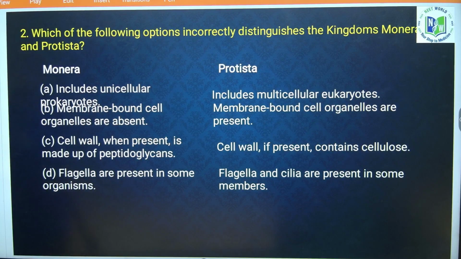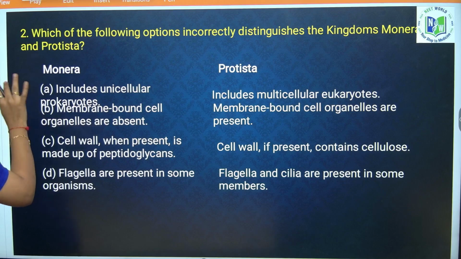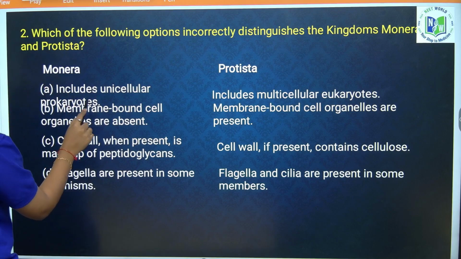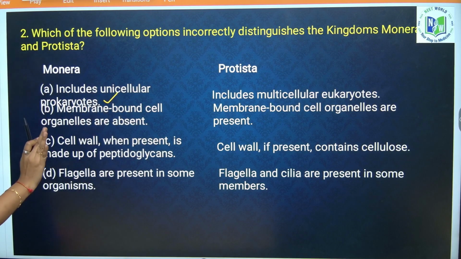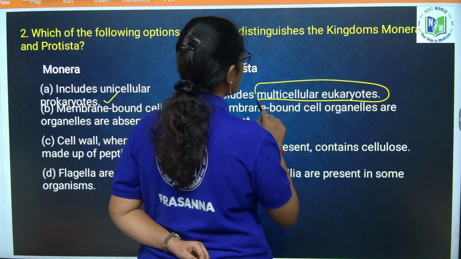Which of the following incorrectly distinguishes the kingdom Monera and Protista? Monera includes unicellular prokaryotes, correct. Protista includes multicellular eukaryotes, he is saying, which is wrong.